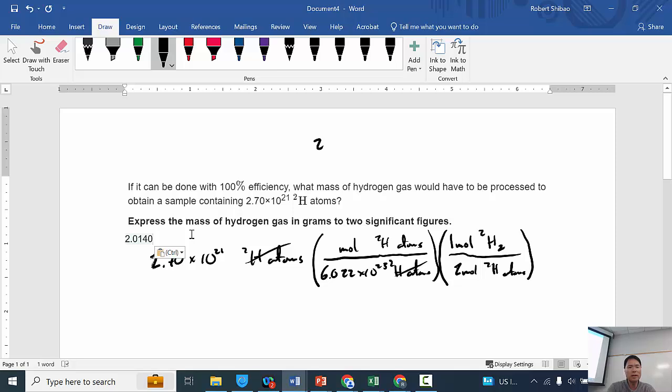So rather than that, I'm going to say grams per mole for deuterium, hydrogen 2. Actually, nobody calls it hydrogen 2. Everybody calls it deuterium.